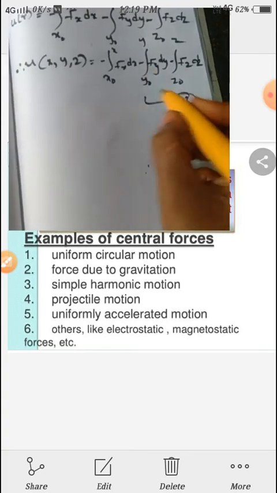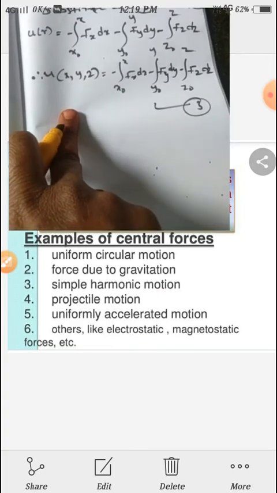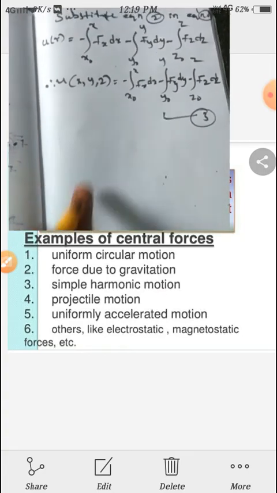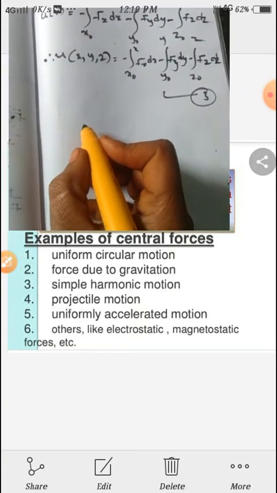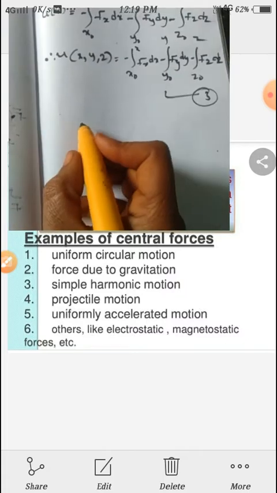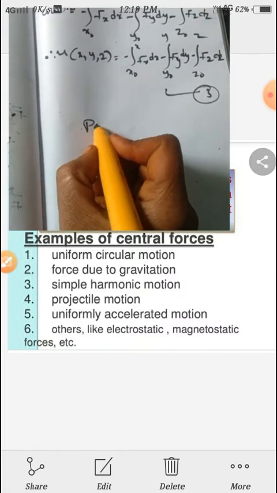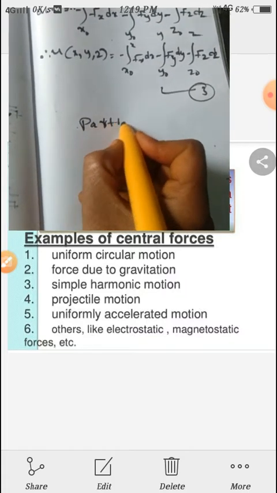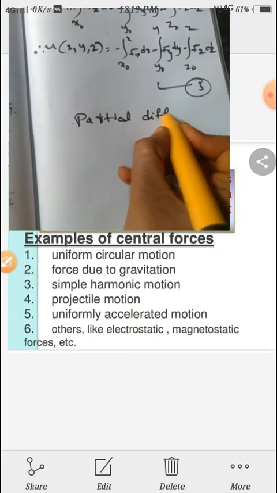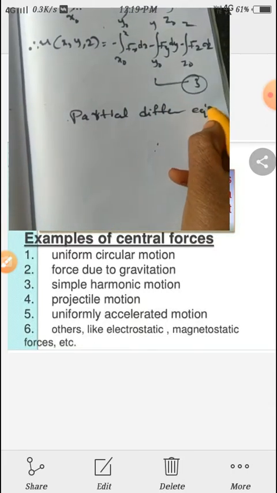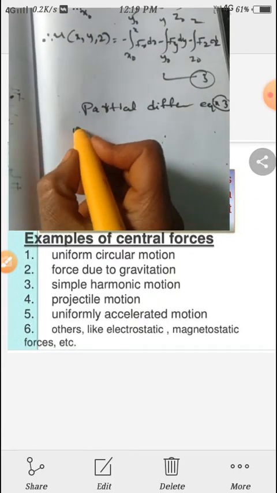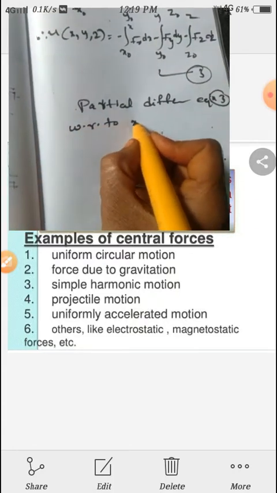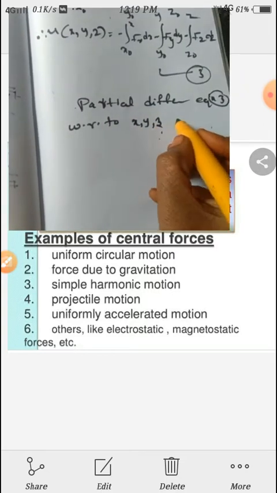This is equation 3. Now differentiate equation 3 partially with respect to x, y, z components.